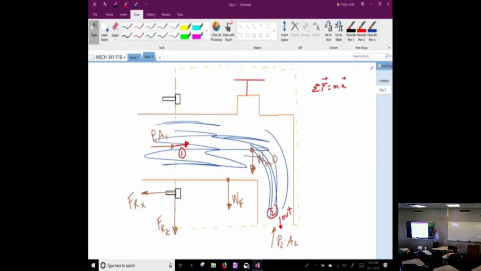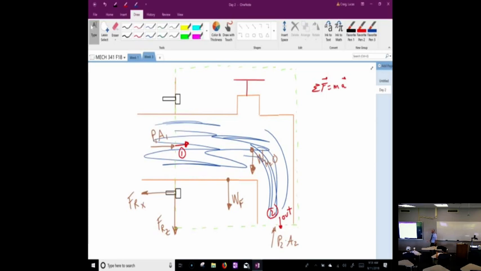Which one's going to be higher, P2 or P1? P1 should be higher, right? It's shooting out. How do I get rid of this? Use gauge pressure, right? Because if this is gauge, what is this?